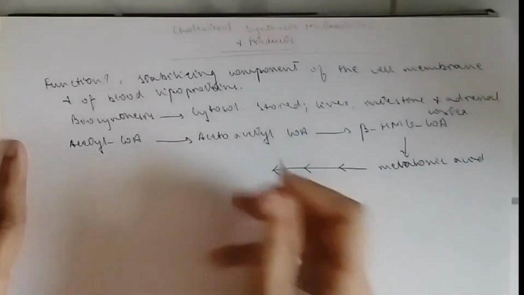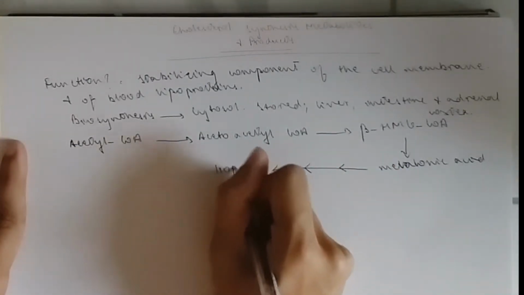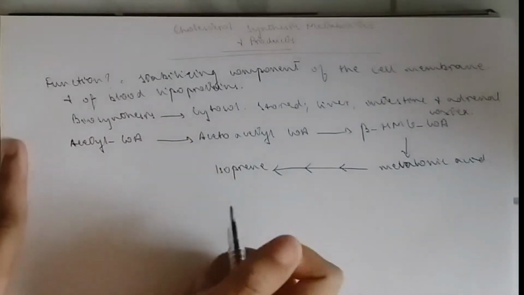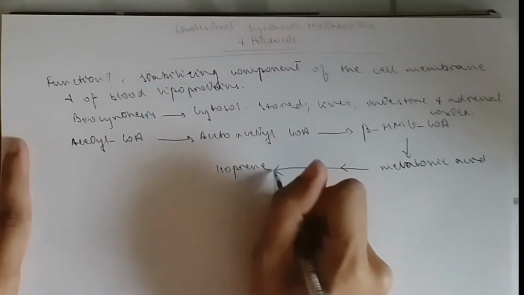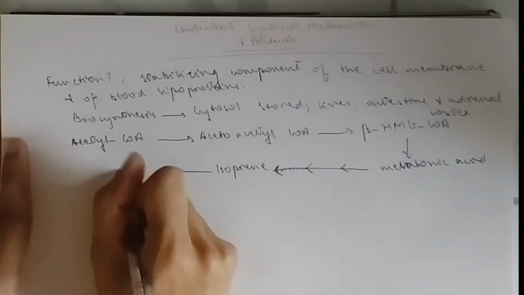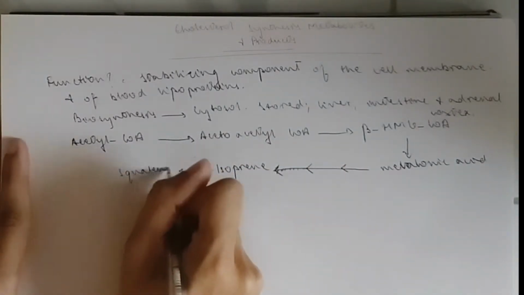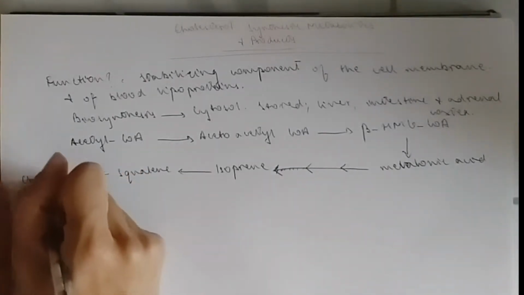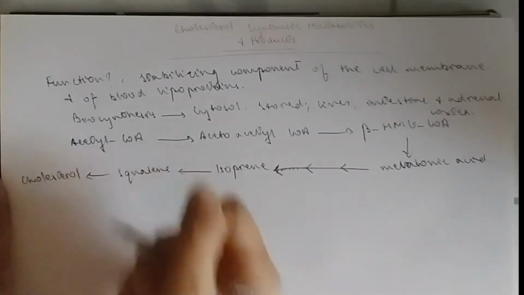Now the mevalonic acid in 3 steps goes to become pyrophosphate mevalonate, then it goes to isopentenyl pyrophosphate, and then dimethyl allyl pyrophosphate, and then finally to squalene and then cholesterol.